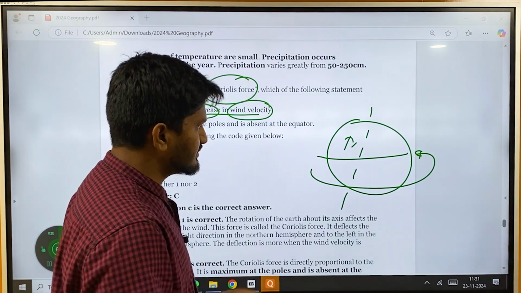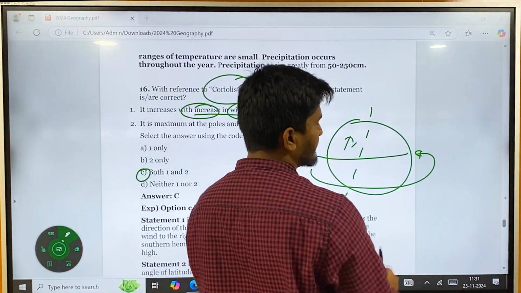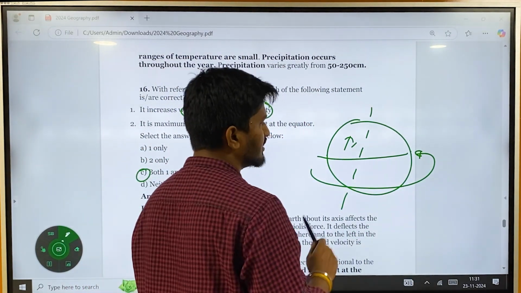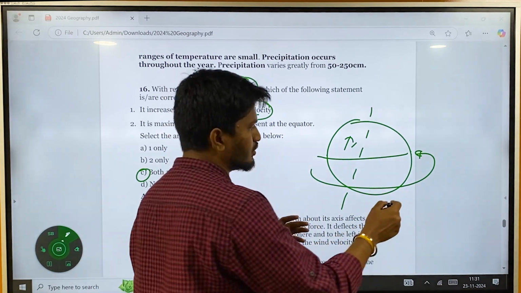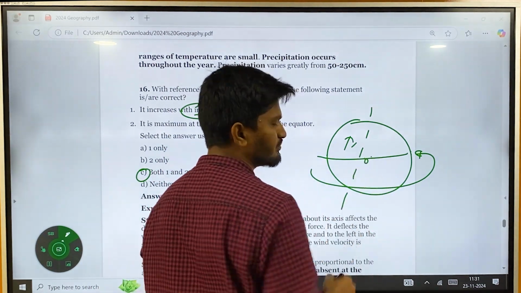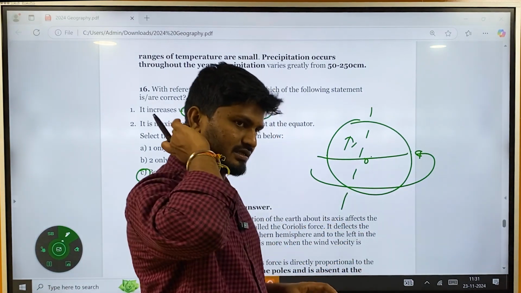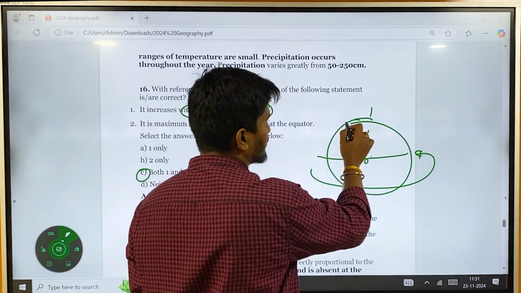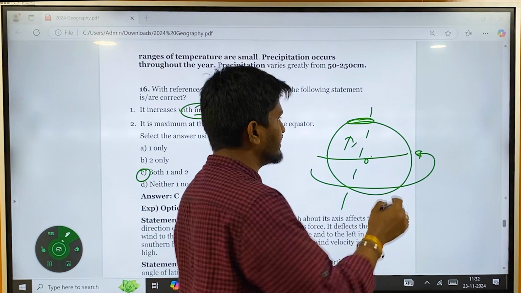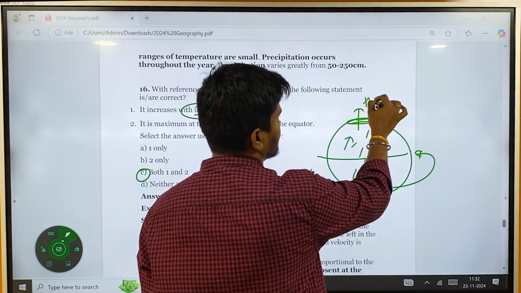And the second one is, since the diameter or the area is large at the equator, even if the rotation is high, the Coriolis force here is almost zero, because it doesn't experience the same force as other areas of the Earth. Whereas at the poles, because the area or the distance is low, it is going to experience the highest Coriolis force.